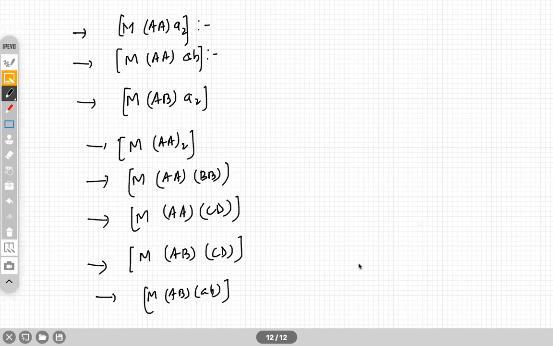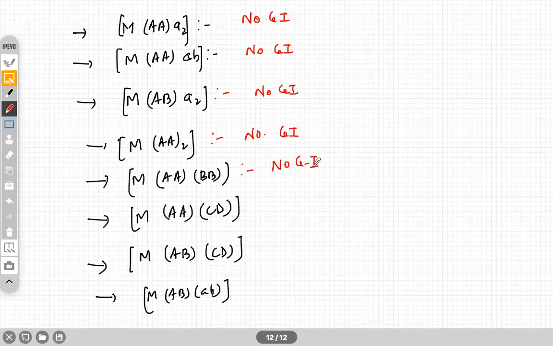Okay. Now, in this one, you see all these molecules from number 1 to number 6. The number of GIs are 0. No GI possible in all these molecules. By drawing the structure, you'll get no geometrical isomerism, from 1 to 6.